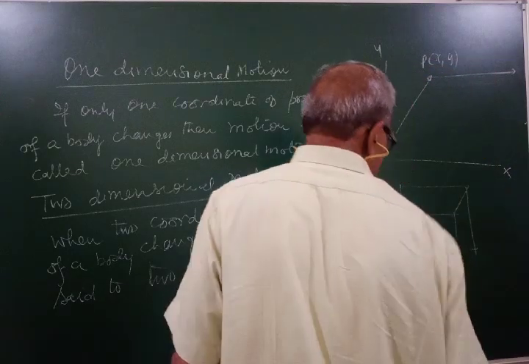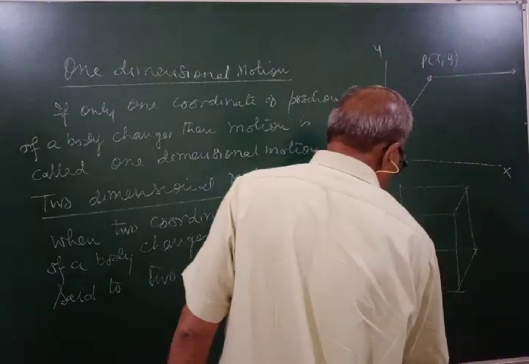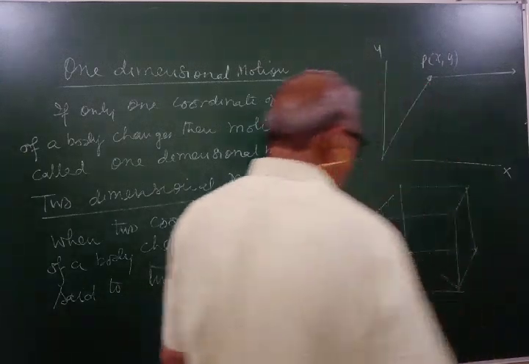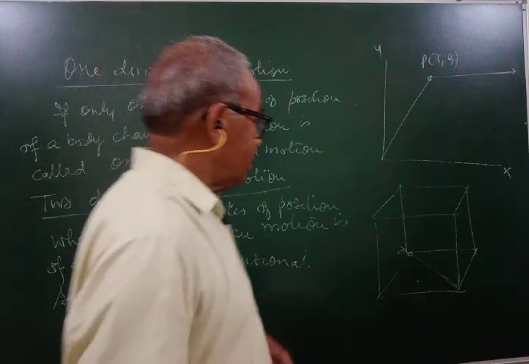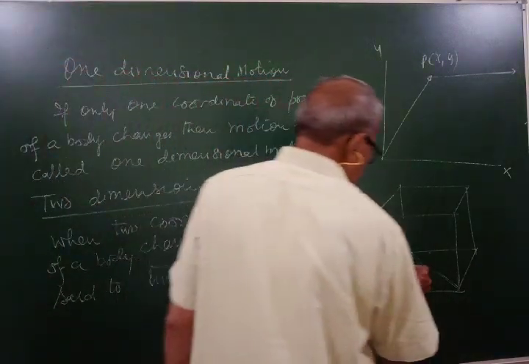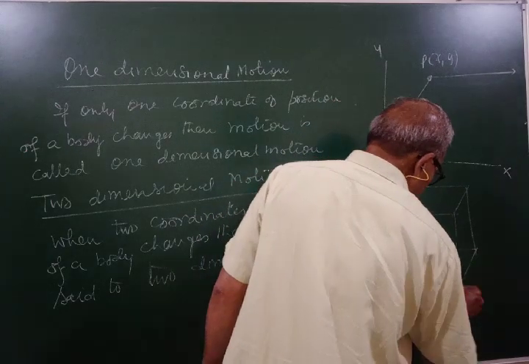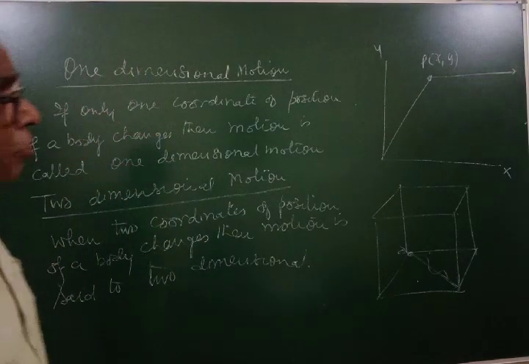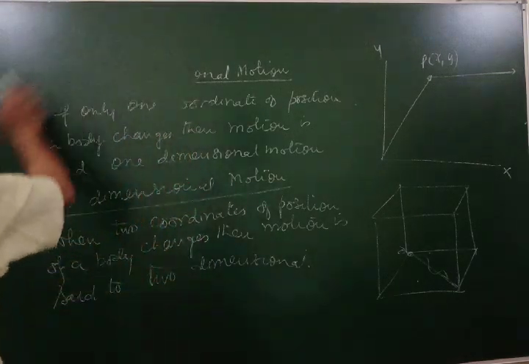This is the origin, I say. Body goes from this position to this. So this x, y coordinate both are changing. Then motion is said to be two-dimensional. Whether it moves straight or along a circuitous path, it is two-dimensional.